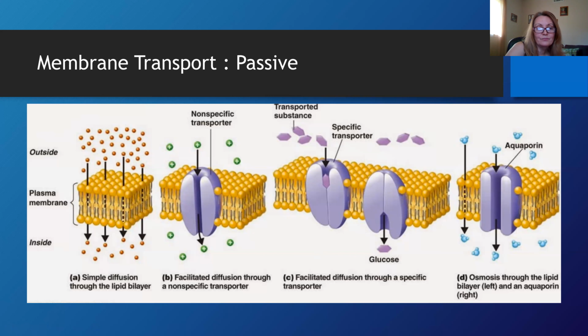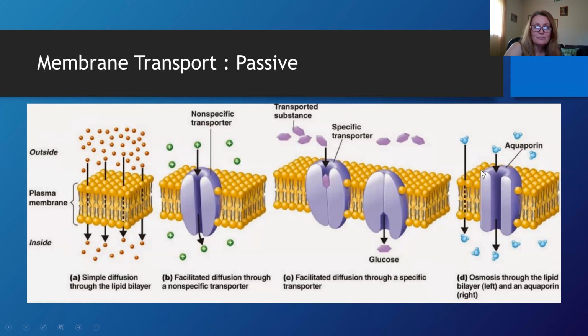And another type of passive transport is osmosis. And osmosis is not much different. The only difference is that only water can move by osmosis. So it's a movement of water from high concentration of water to low concentration of water.